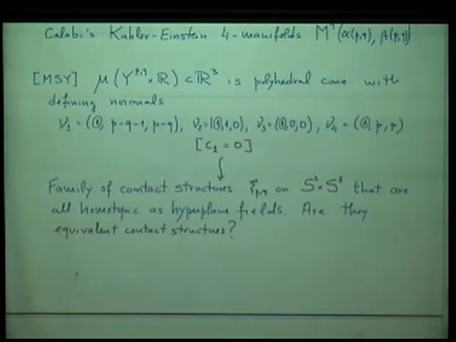And so here we have an infinite family, parameterized by two natural numbers, of contact structures on S2 cross S3 that are all homotopic as hyperplane fields. Why are they all homotopic as hyperplane fields? Because they all have first Chern class 0, and in this dimension and for this manifold that is the only invariant. So as 4-dimensional hyperplane fields on S2 cross S3, they are homotopic to each other. They are the same thing.